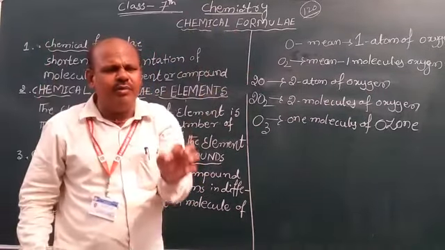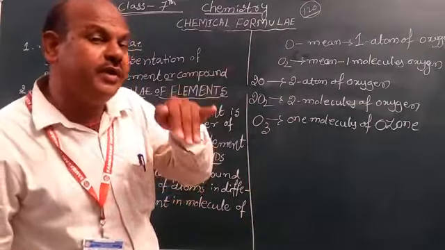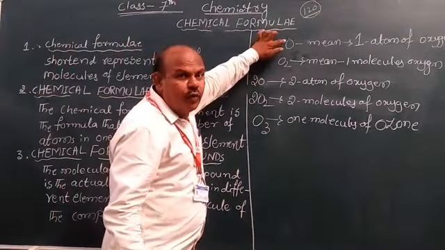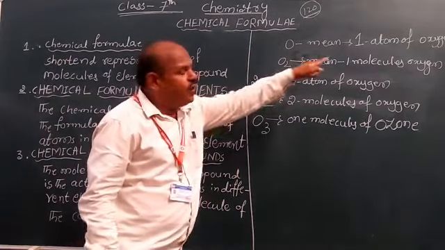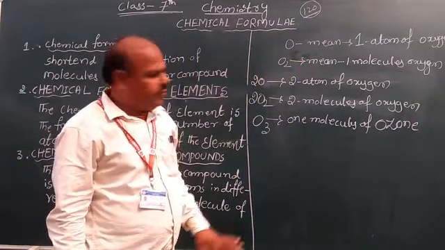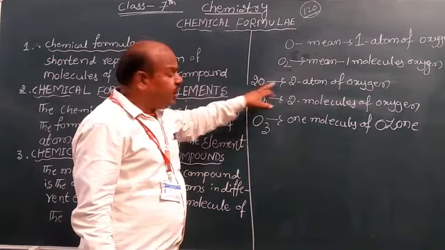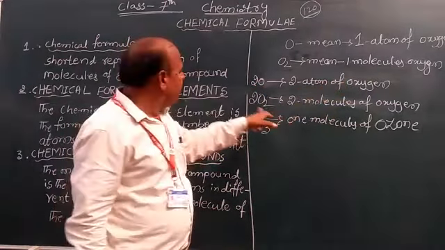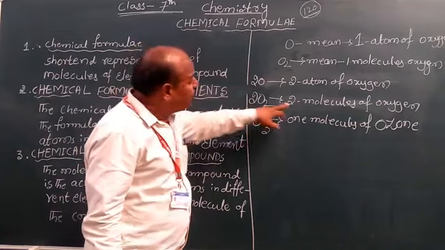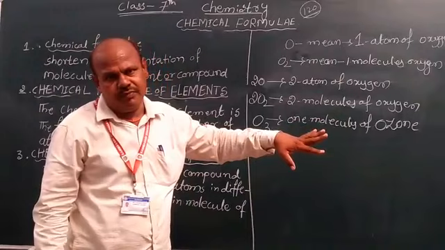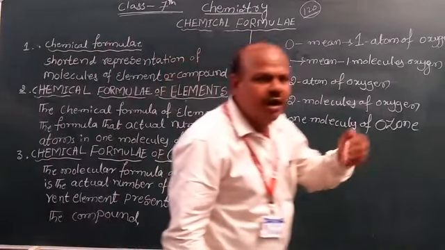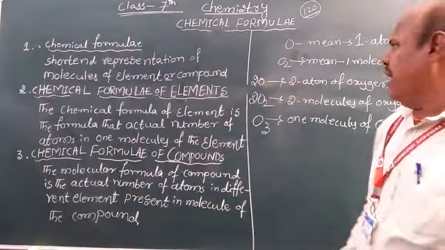First, you want to find how many atoms are present. Only one atom here, one molecule of oxygen, here two atoms of oxygen, here two molecules of oxygen, and only one molecule of ozone. Like this, the chemical formula of the element.